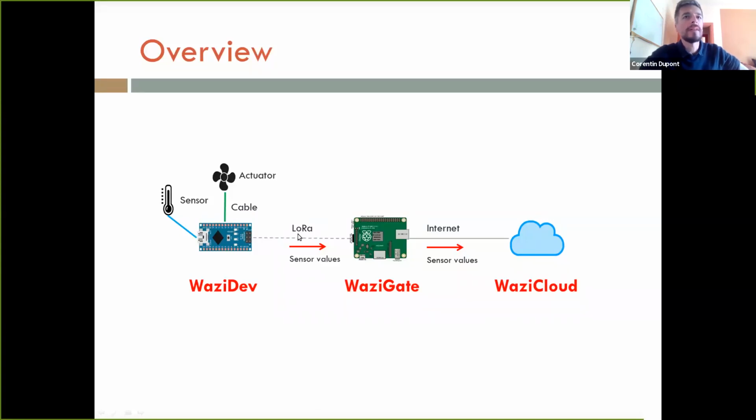LoRa is a new radio communication: long range, low power, low cost, and low bandwidth, so you transmit a very small amount of data through LoRa. One Wazigate can cover several kilometers around, and can cover many Wazidev, actually any kind of device, not only Wazidev. Up to 200.